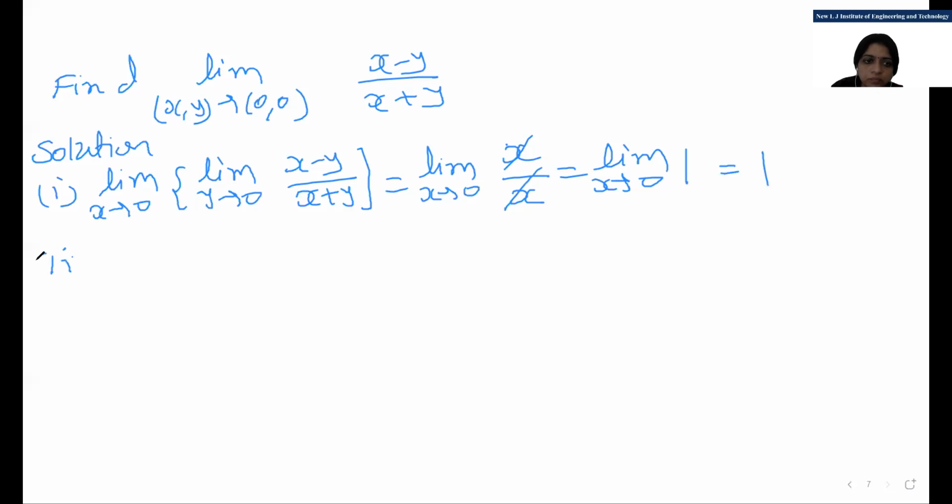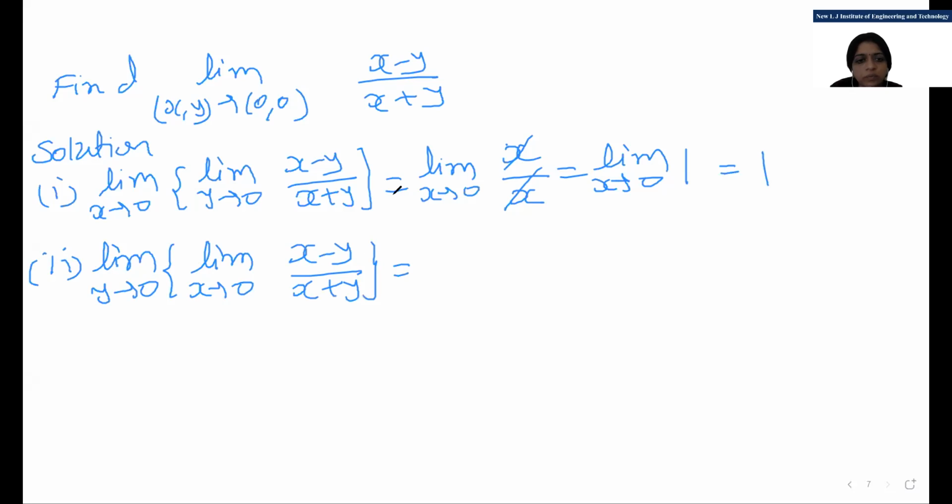For 2, limit y tends to 0, here limit x tends to 0, (x minus y) upon (x plus y). Students, see carefully. If I apply 0 in the place of x, then the remaining term is limit y tends to 0, this is 0 minus y, that is minus y. 0 plus y, that is y. Both y will be cancelled out.